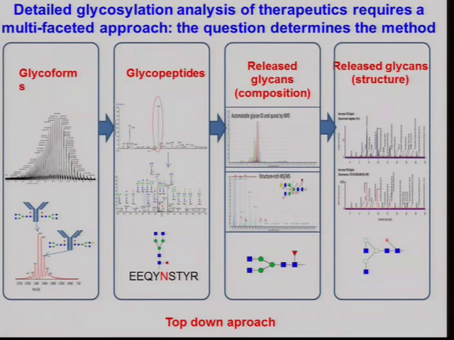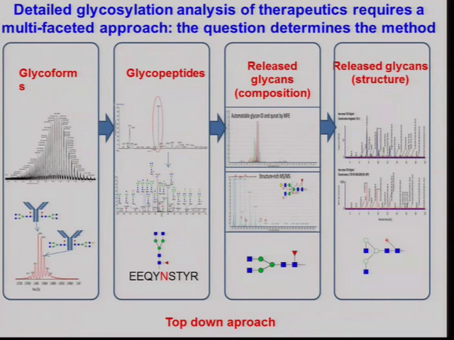And this is what everyone would like to be able to do for every glycoprotein. They would like to have this top-down approach. So they would like to be able to analyze the whole population of molecules at the protein level. So this is analyzing IgG as an intact glycoprotein. Now, you can do it, and I'll show you the data in a moment, but this is still quite difficult because IgG is so big.